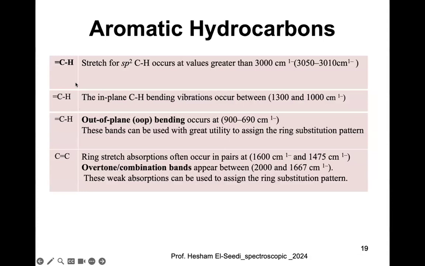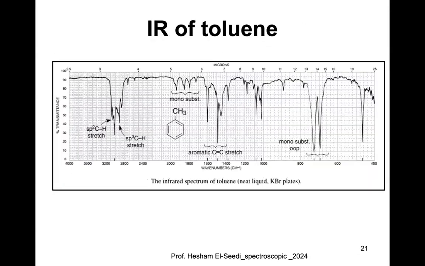What about aromatic? Aromatic, again, you have CH stretching at higher value, around 3000. You have the CH out of plane bending at lower value. You have the double bond as well. Four types of peaks as usual, which is in higher value, in the middle, and in the lower, which is out of plane bending, right?